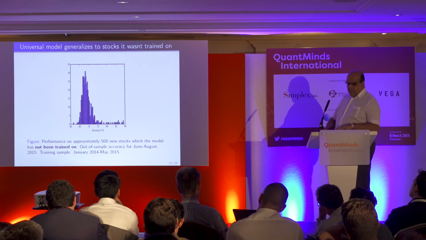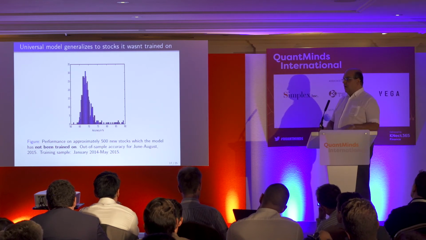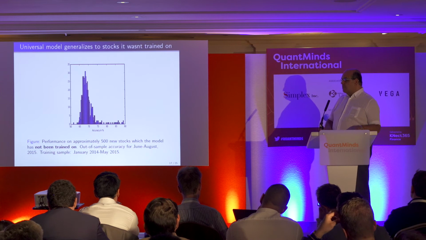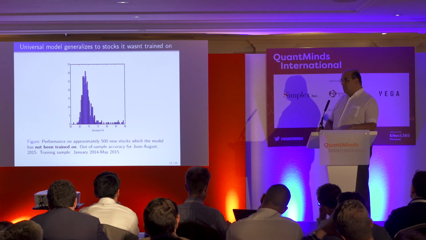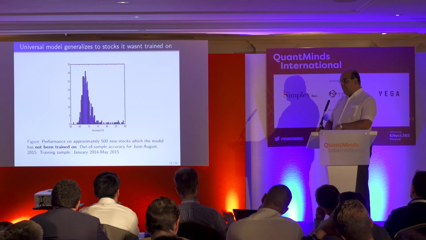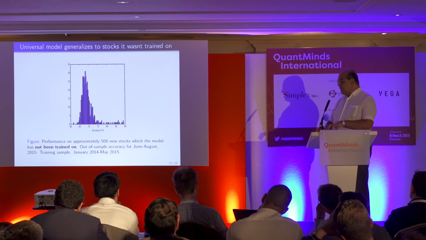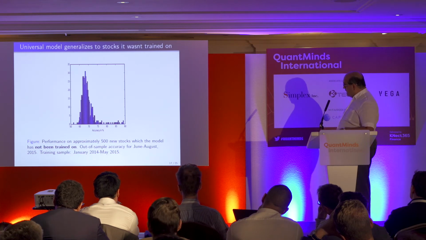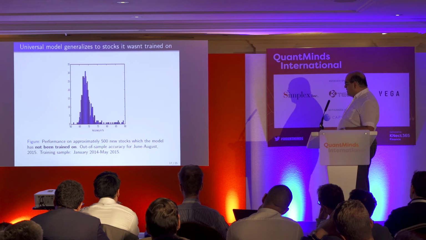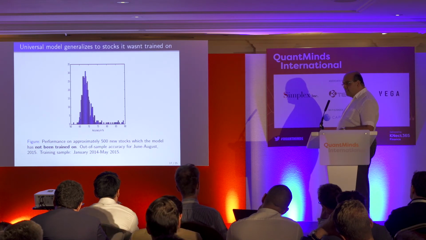So I'm training it on, say, the first 500 stocks in the Russell 1000, and then I test it on the others, and the model has never seen data from those stocks. Now, surprisingly, it also beats the stock-specific models for those.